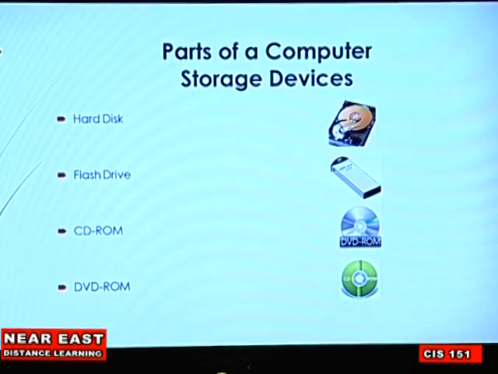But if you want extra memory, you can buy another hard disk on the side, and you can use it. So you can take it with you to your job, to your work, to your school. You can still use it. It's a good way to have an external hard disk.